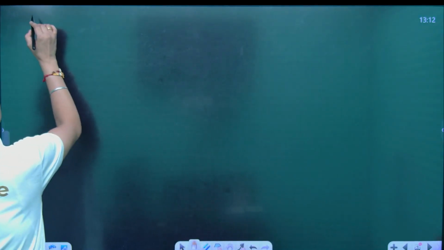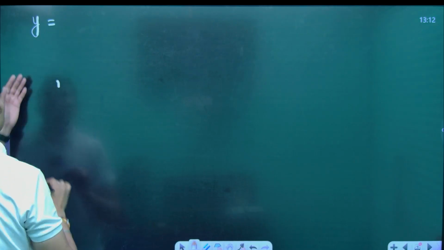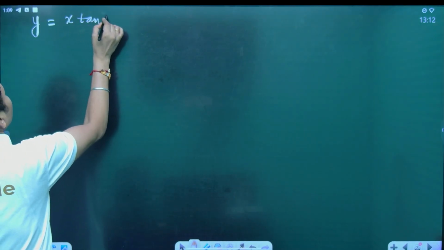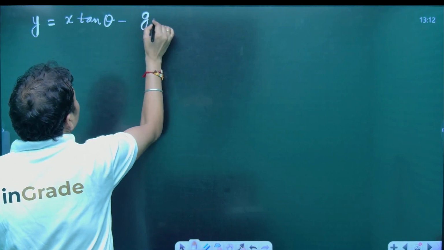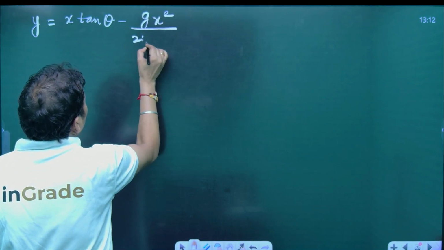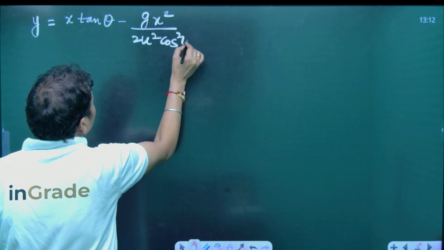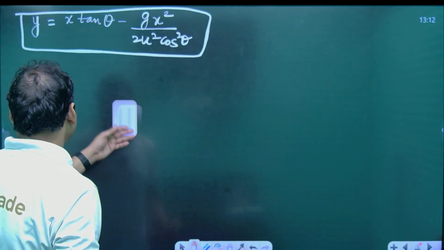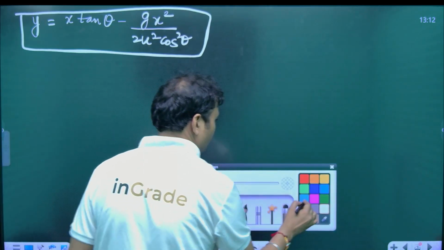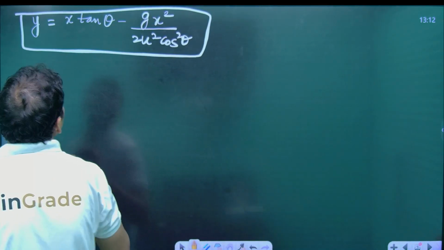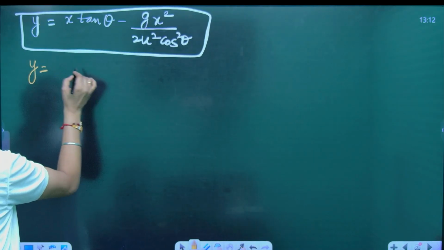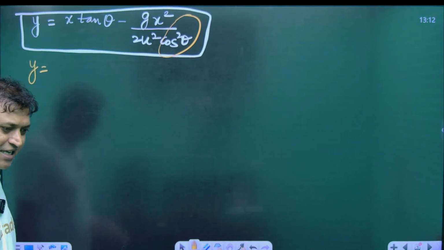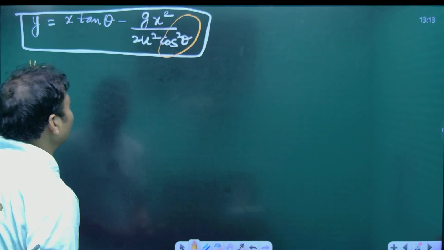So our expression is y is equal to x tan theta minus g x square upon 2u square cos square theta. We can also write this equation with 1 upon cos square theta as sec square theta, and sec square theta can also be written as 1 plus tan square theta.